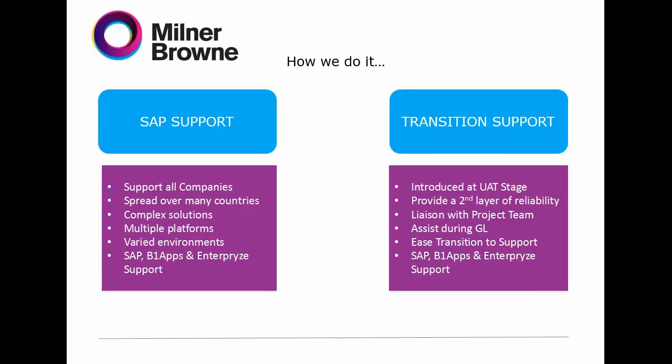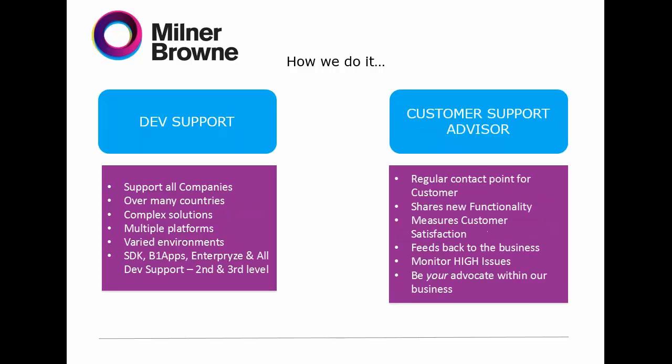On the transition support team, this was introduced a couple of months ago, and we introduced it at UAT stage for a site to provide a second layer of reliability. The transition team will liaise with the project team lead and assist during go live with any queries that may arise, and it helps ease the transition to the support team from the lead consultant. And again, the transition support team support SAP, all the apps and enterprise support.